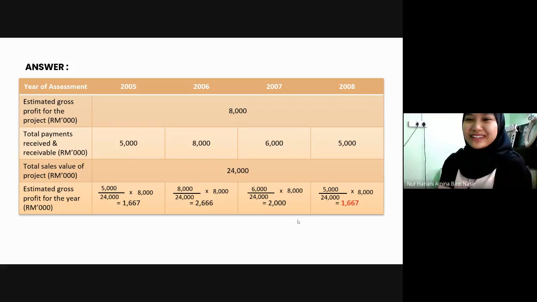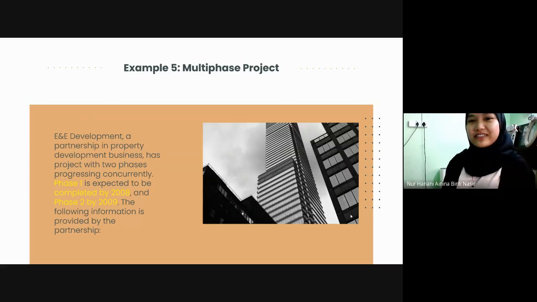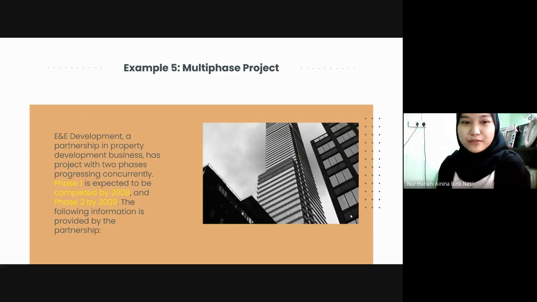Okay, for the amount in the year 2008, according to the question, the project will be estimated complete in 2008. So the amount will be replaced by the actual amount received by the company, which is the actual profit less the estimated gross profit for the years 2005, 2006 and 2007. Next, example 5 is regarding a multi-phase project where the company has 2 phases, phase 1 completed by 2008 and phase 2 by 2009.